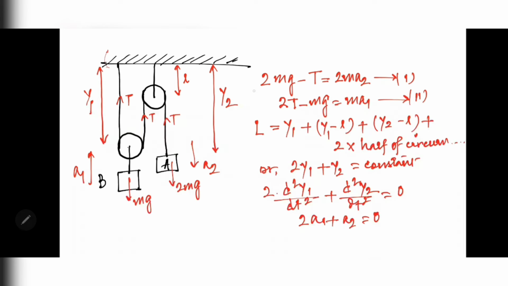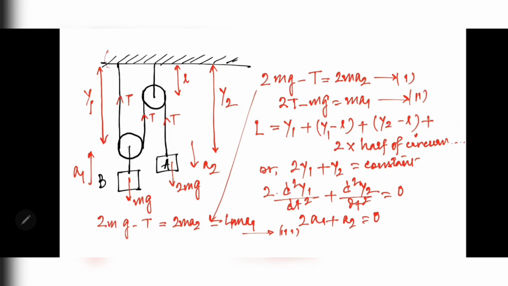So from equation 1, 2mg minus T equals 2ma2, that equals 4ma1, because acceleration of body A is twice the acceleration of body B. This is equation number 3.